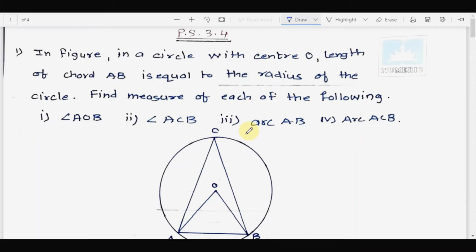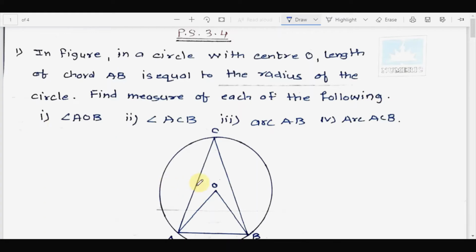So let us begin. Practice set 3.4, example number 1. In the figure, in a circle with center O, the length of chord AB is equal to the radius of the circle. Find the measure of each of the following.